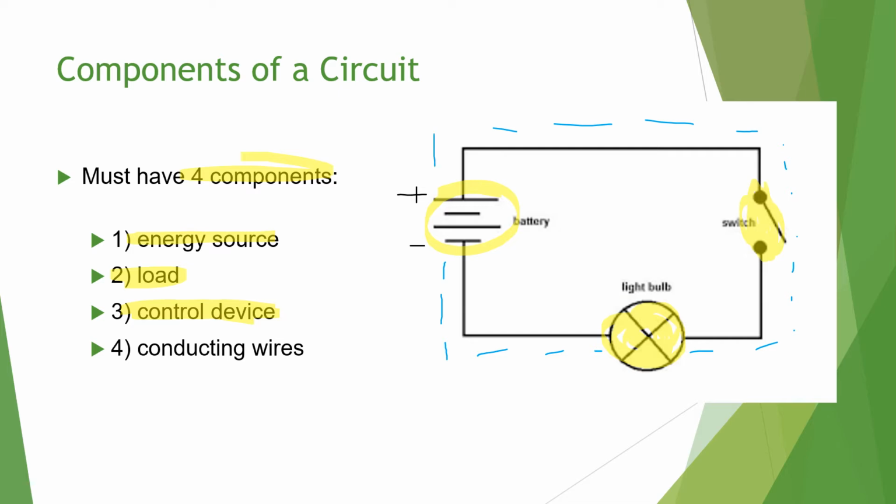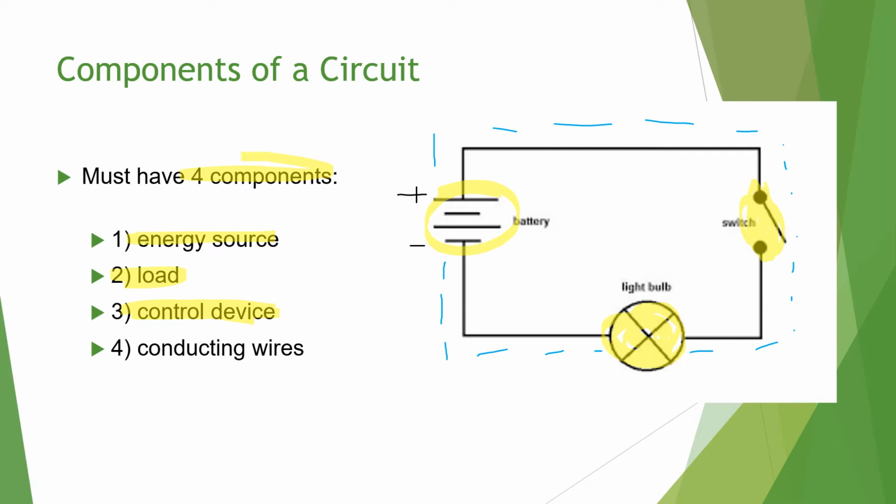But if the switch is open, that almost means there's a break in the circuit, which means the electrons aren't going to flow because they aren't able to travel all the way around the circuit. So this is an example of an open switch where the power would be off. A switch that is closed is going to provide power to the load, so in this case, the light bulb.